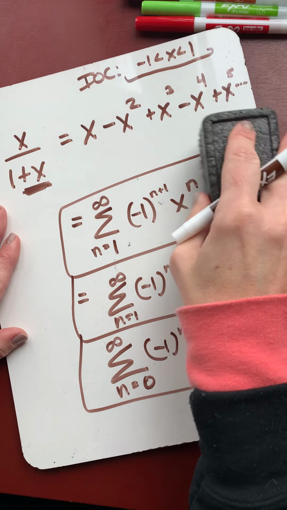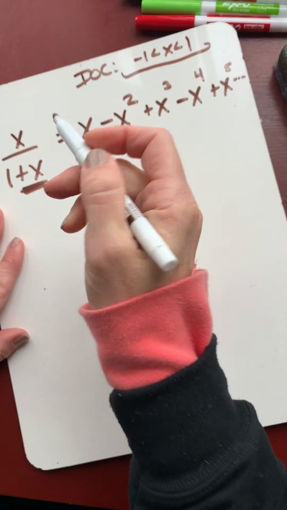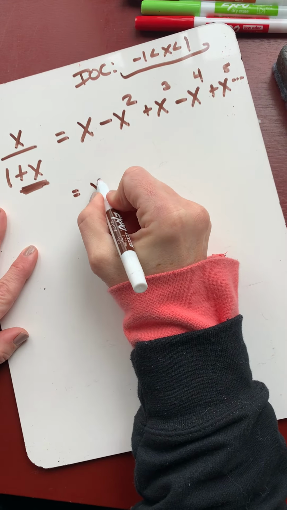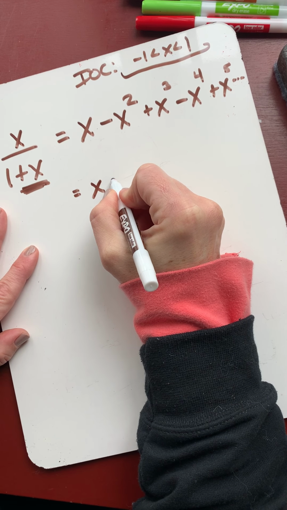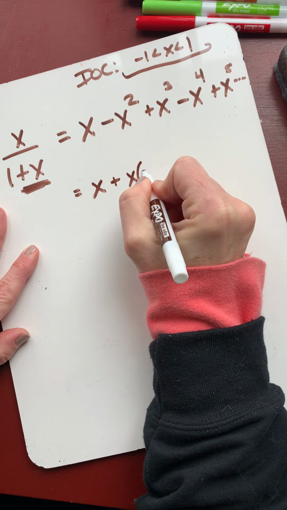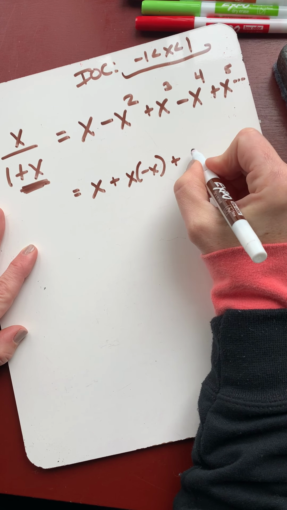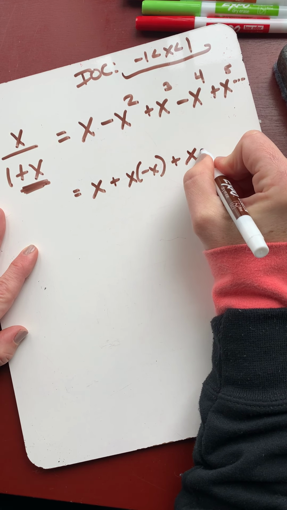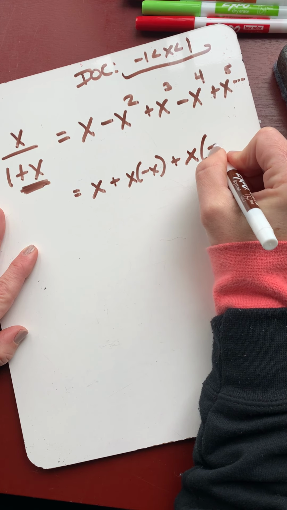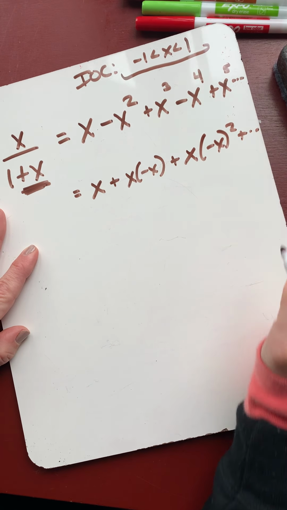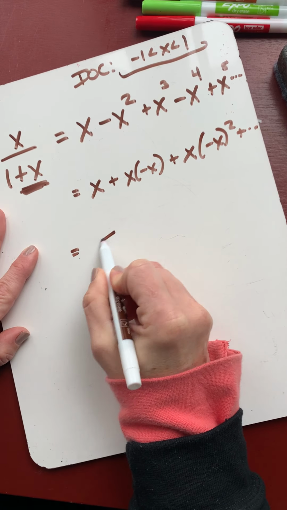I'm going to erase these, but there's more that would work. Let's say you stuck with what I said originally, and you said this is x, and then this is plus x times -x, and then plus, oh gosh, how would this work? X times -x squared. That would also work.